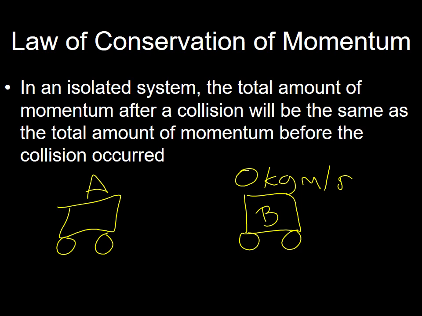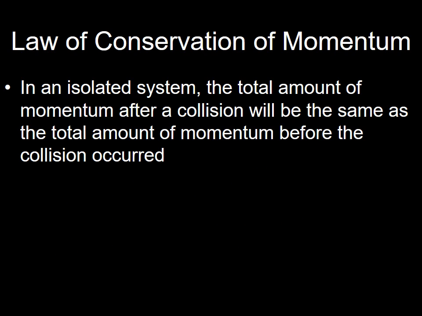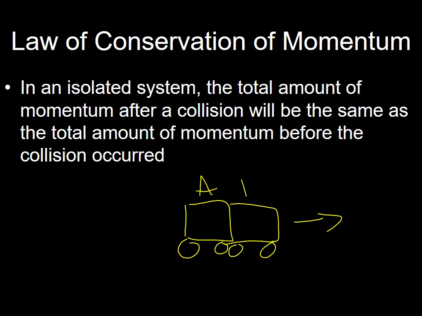Let's say that A has 40 kilogram meter per second of momentum, and A is going to hit B. After A has hit B, they're now both going to be moving forward with 20 kilogram meter per second of momentum each, because the total amount of momentum had to be conserved, and 40 plus 0 divided by 2 gives me 20 each.